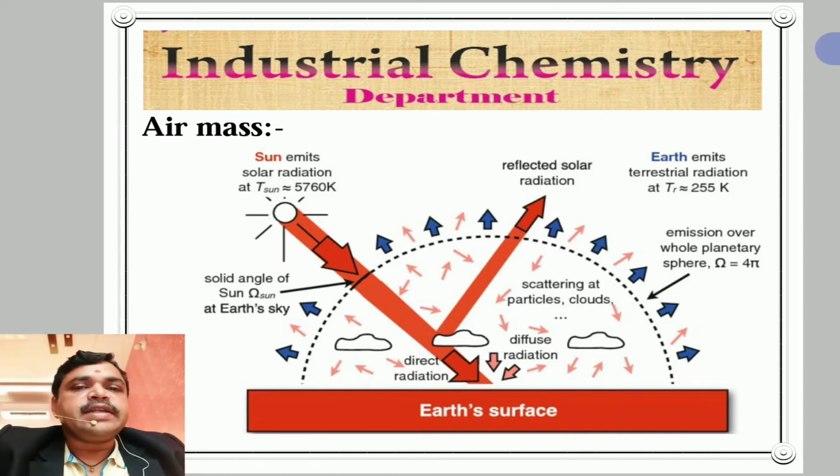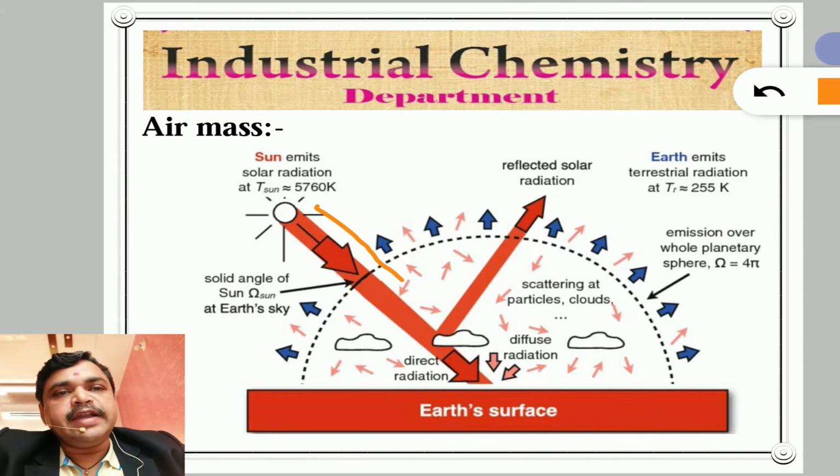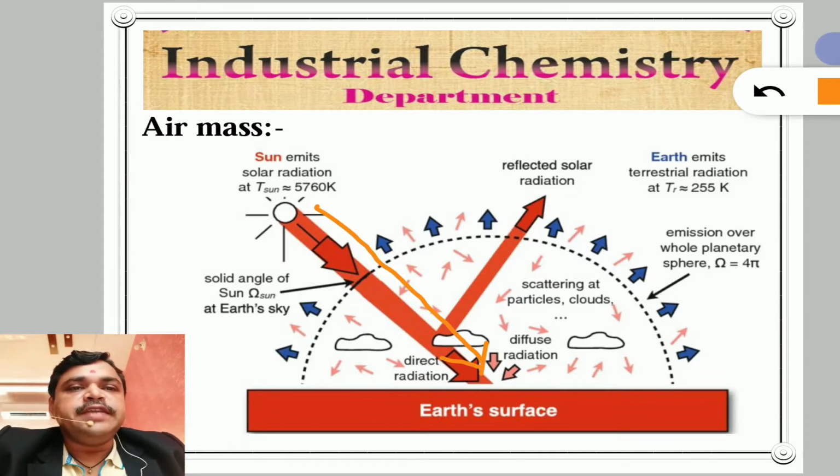We see here in the figure, this radiation reaches the Earth's surface directly, with no change in direction, so it is direct radiation or beam radiation.